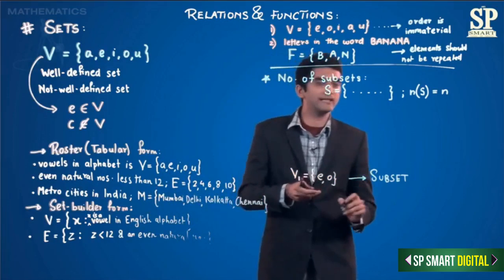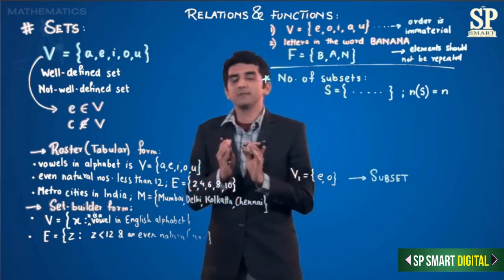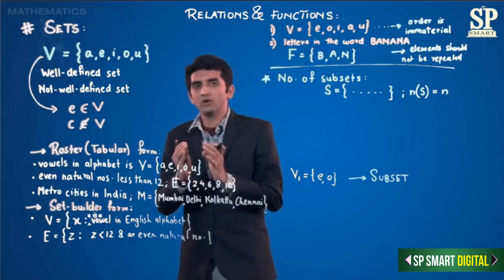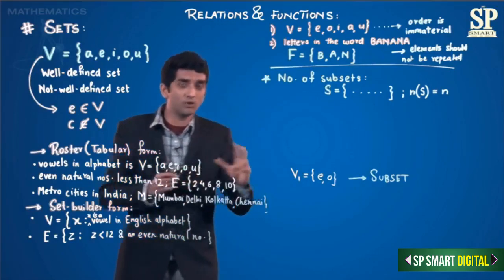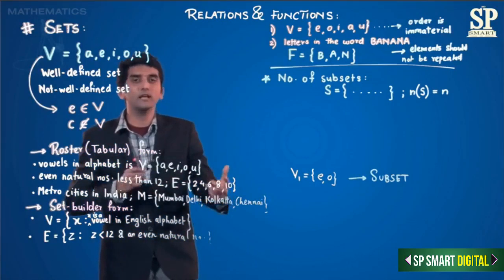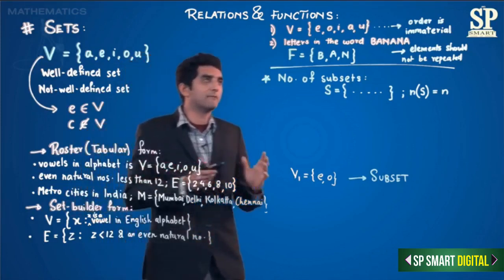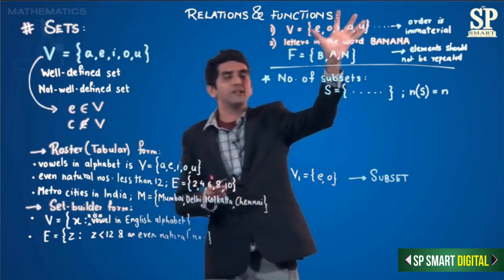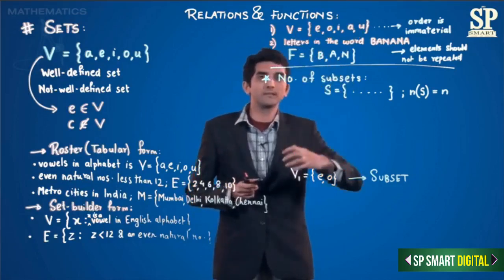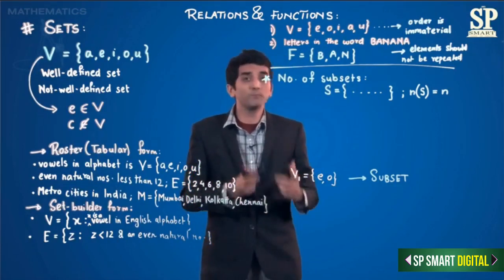So the thing is, a subset is basically a smaller set, or for that matter a subset can also be the original set as well. The only difference is if I involve all the elements in a particular set to form a subset, then that is called an improper subset.